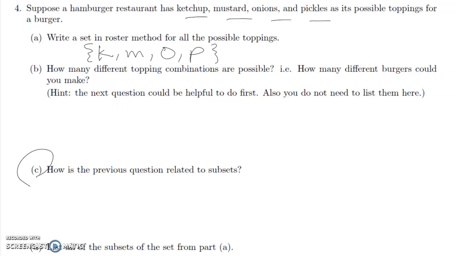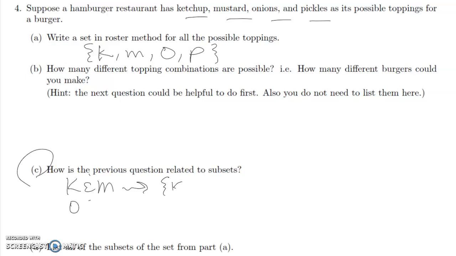Well, if we think of some examples, like an example is I could do a burger with ketchup and mustard, right? Or I could do a burger with only onions. Well, if we think about those, we could represent each of those with a subset, right?